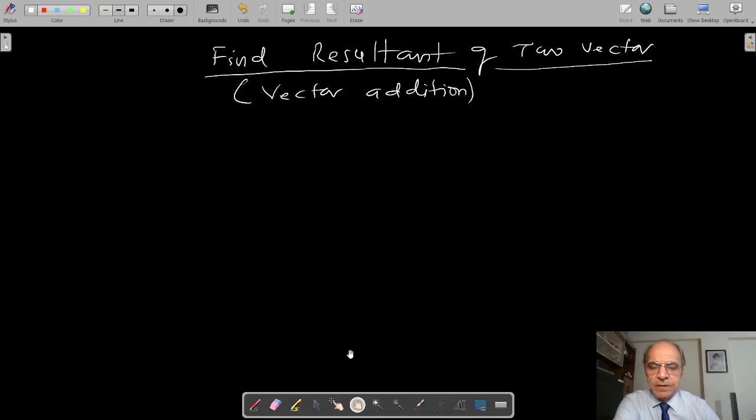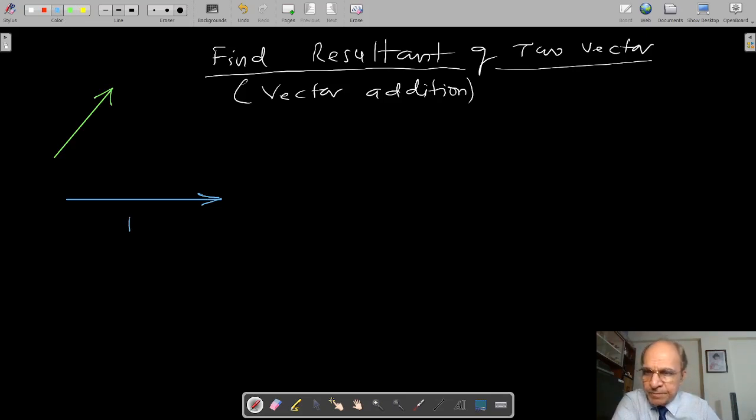Okay. So now let's say we have two vectors. One vector is, let's say, this one, the blue one, and this is another vector, the green one. Let us name these vectors.